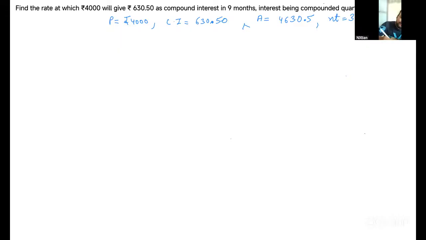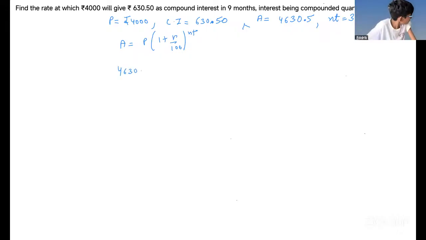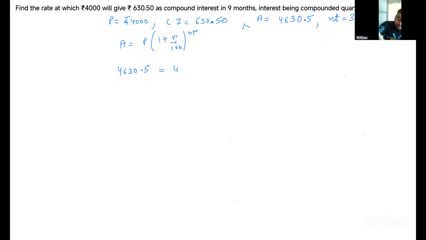Okay. We know the formula. Amount is equal to principal into (1 plus R upon 100) to the power NT. Amount is 4630.5, equal to principal 4,000 into (1 plus R upon 100) to the power 3.